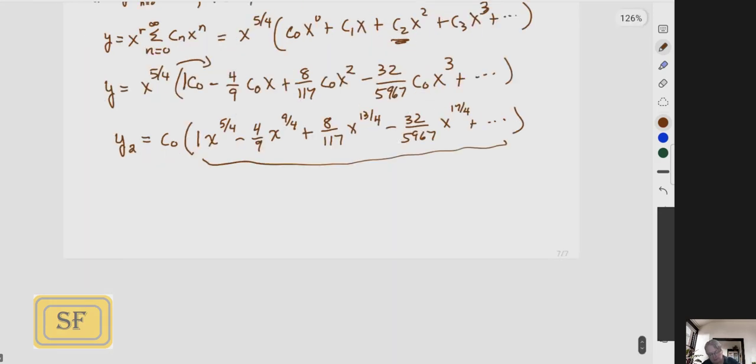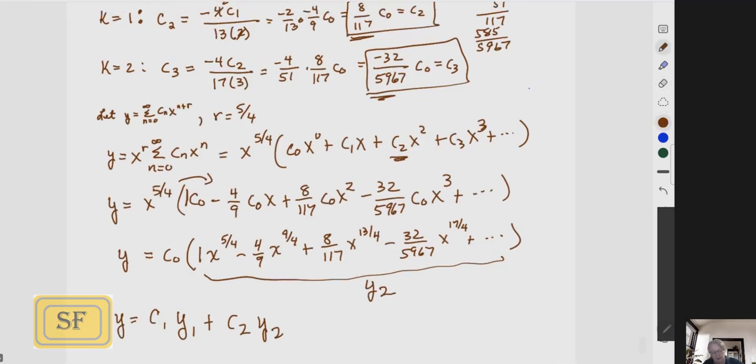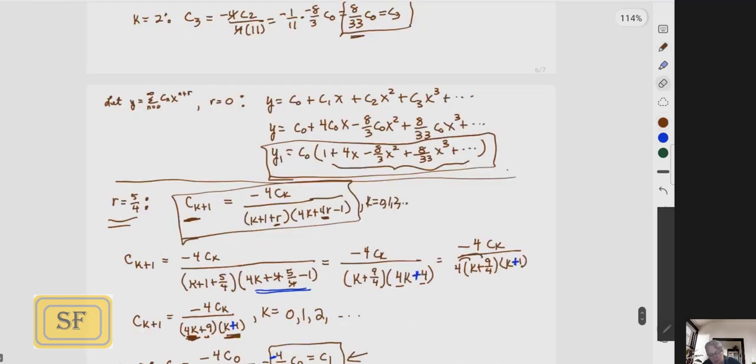If you write this as a general solution, you're going to say it's C1 y1 plus C2 y2, where this is my y2, and if I come back up here and erase that, this part is my y1.